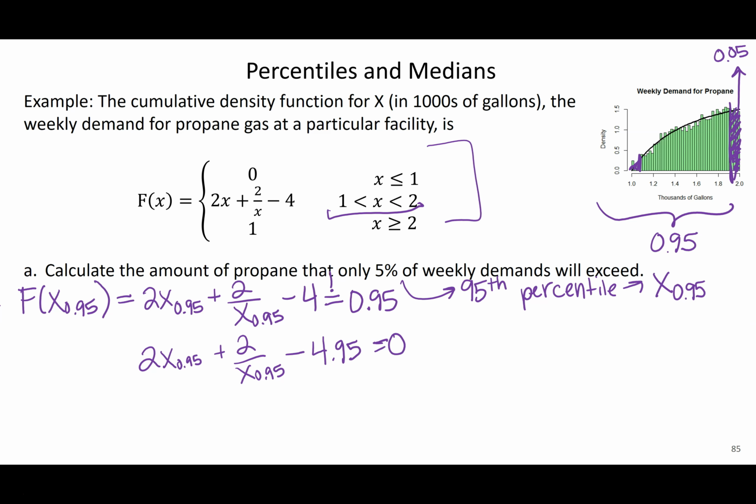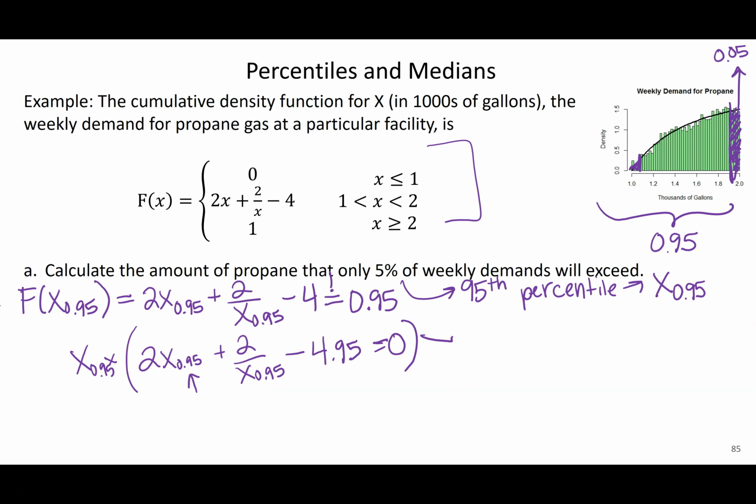So things to note, I know that this value of x has to be between 1 and 2. So if I multiply both sides by it, it's a positive number, it's not going to switch any signs, that's okay. And I know that it's not 0. So I'm going to multiply both sides by x 0.95.